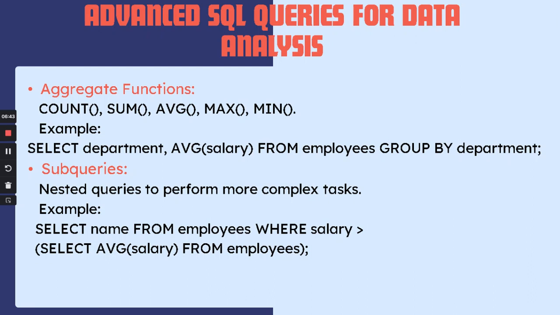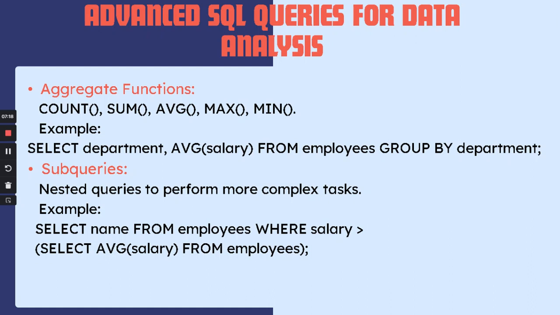So this slide is about advanced SQL queries for data analysis, which highlights two key concepts: the aggregate functions and the subqueries. Aggregate functions are SQL functions used to perform calculations on a set of values and return a single value. The examples include count, which counts the number of rows, and sum, which calculates the total sum of a column.